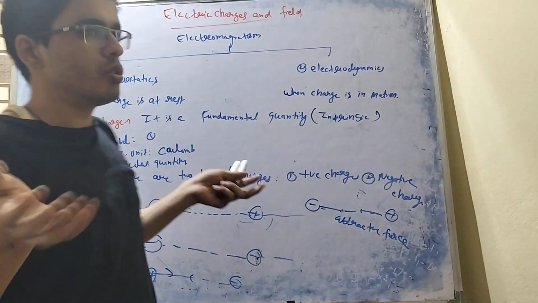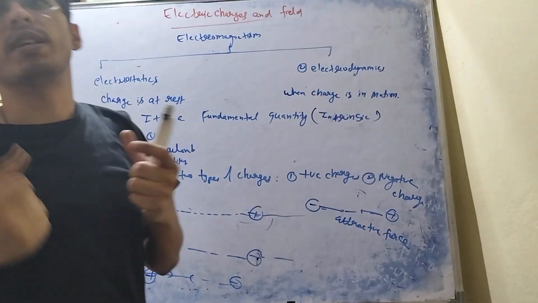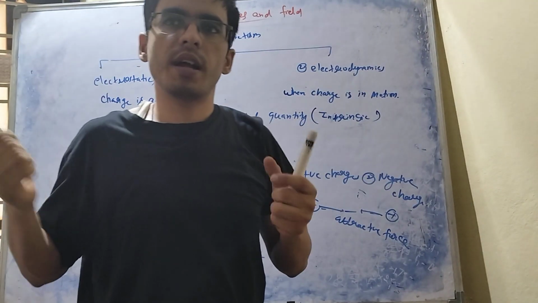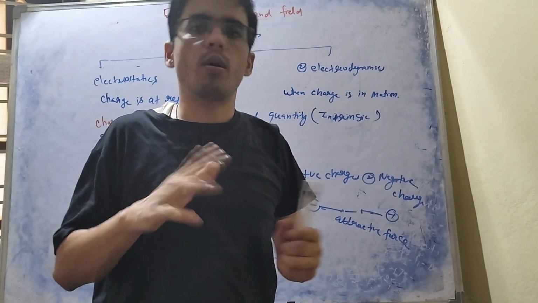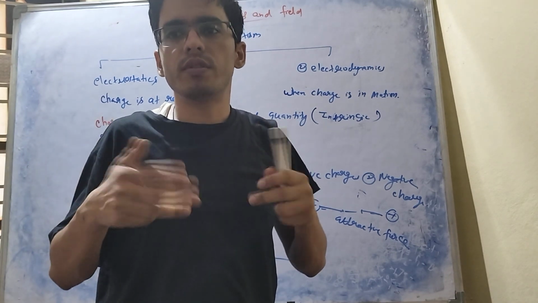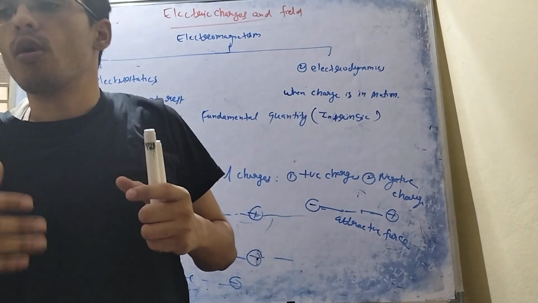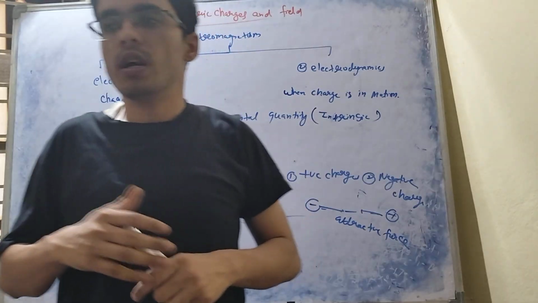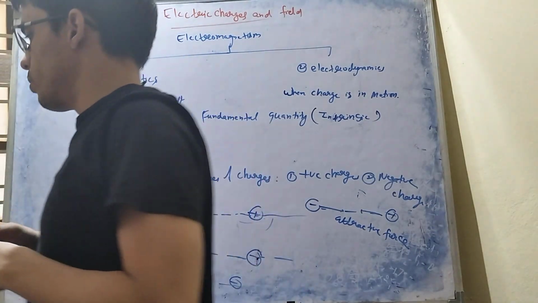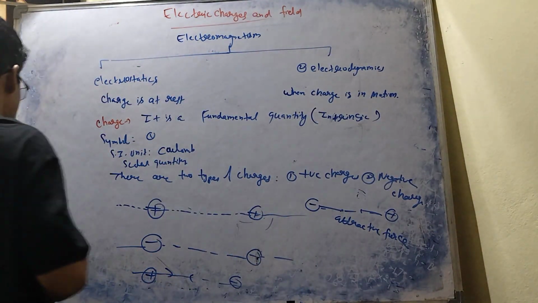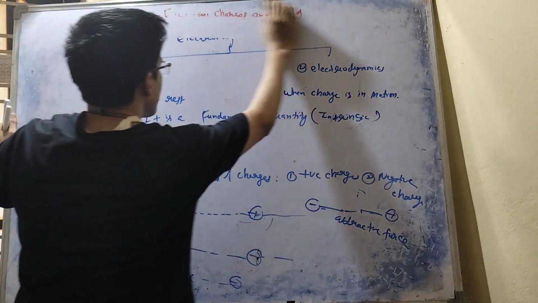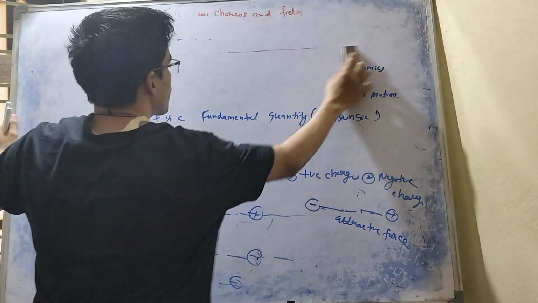So now you got it, if we have two charges, either positive or negative, force will exist, correct? But what is the value of force? How can we calculate that force value? For calculating force value, we have Coulomb's law.